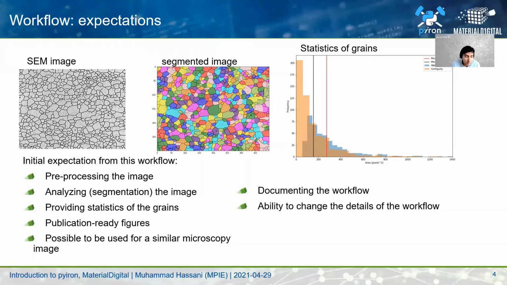We should be able to change the initial image and repeat the same workflow with another image. We should also be able to document the workflow and also have the possibility to change the details of the workflow as we run the analysis and/or simulation.